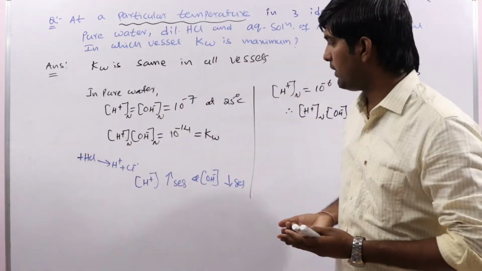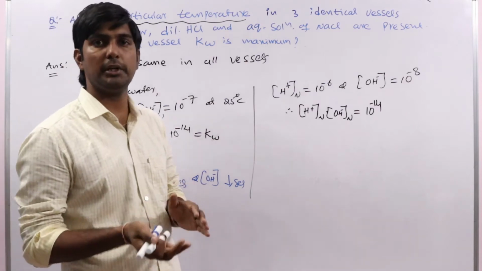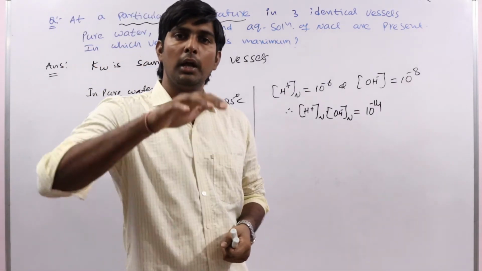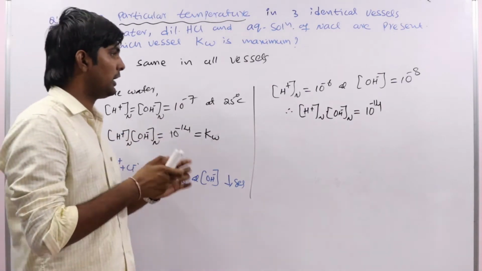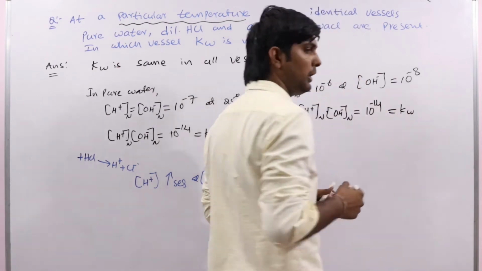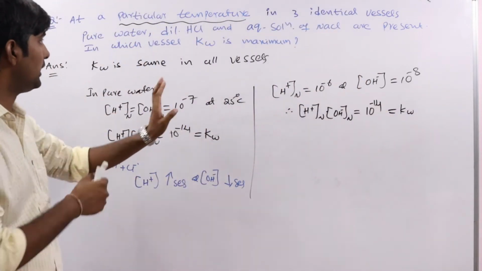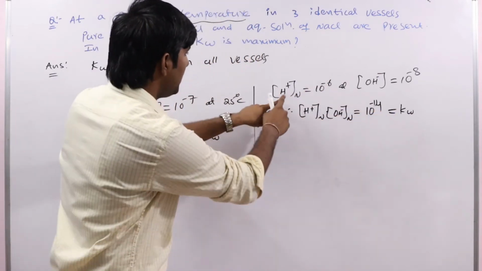In the same way, when you add base, what happens? In that case, OH minus ion concentration increases and H plus ion concentration decreases. But whatever it may be, the Kw value is the same at a particular temperature. Until you maintain the same temperature, Kw is the same. What is happening?